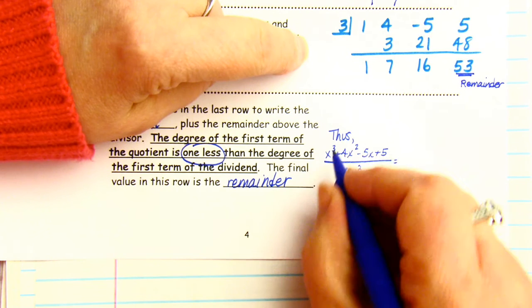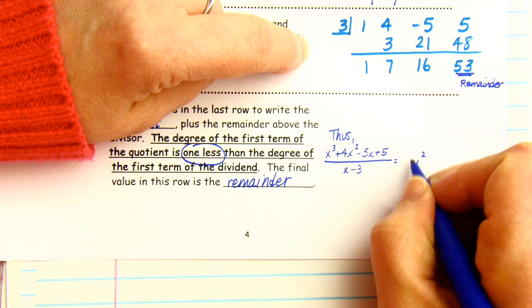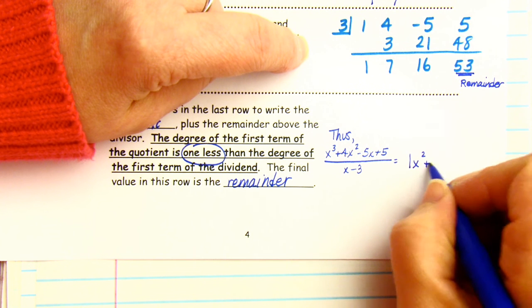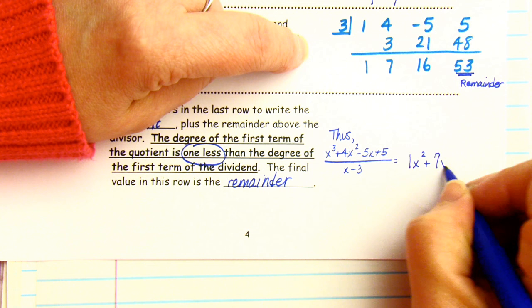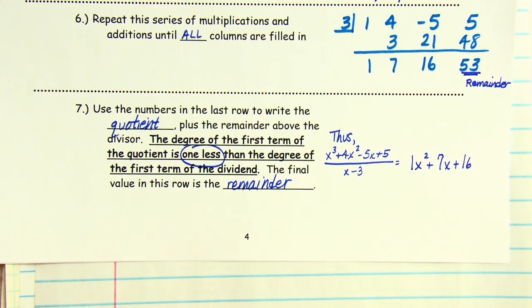Right, this started out as 3. This got to bump down a power. I'll write the 1 just for illustrative purposes. Plus 7 times x plus 16. Right, the numbers are coming from here.